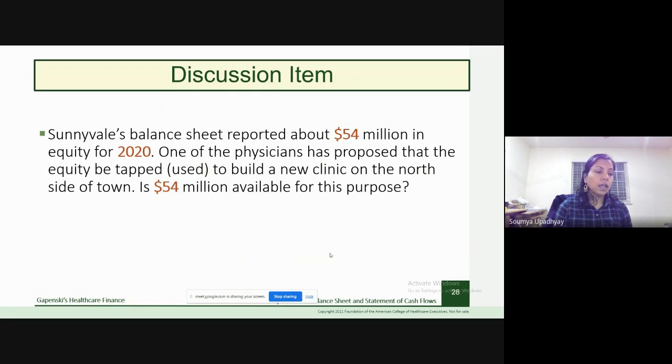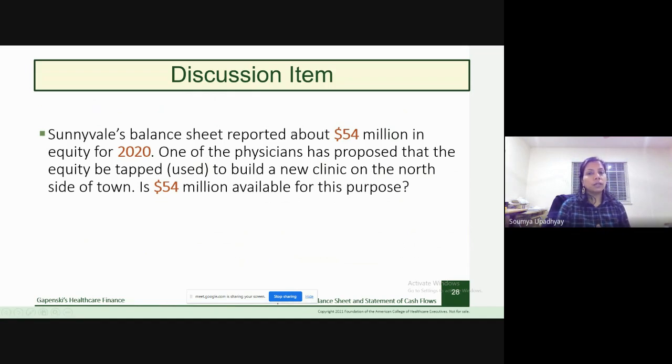If the value of our house is $200,000, it doesn't mean that I have $200,000. I am going to have the $200,000 only when I sell that house. If I'm living in it, that $200,000 is only on paper. It means nothing to me.